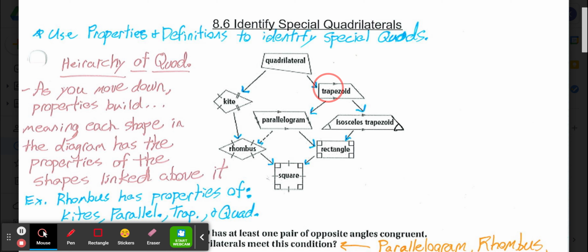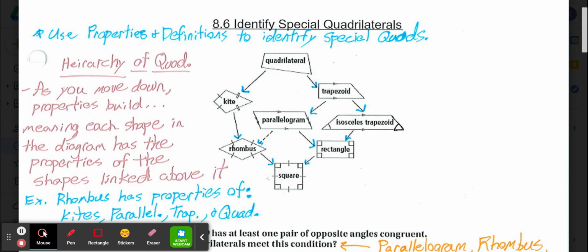A trapezoid has four sides and opposite sides are parallel. A kite has four sides and consecutive sides are congruent. So as we go down, we're adding more specific properties to each of our figures.